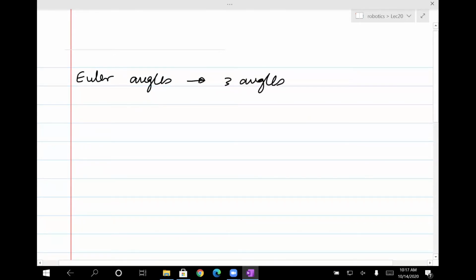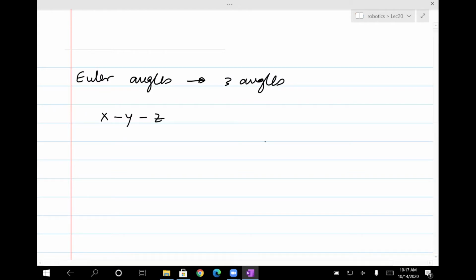What we do is we rotate successively about three axes. So we could rotate about x, then rotate about y, then rotate about z. So one of them would be about x, second y, third z. And those three numbers now describe general rotation in three dimensions.